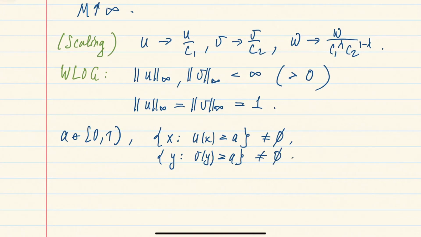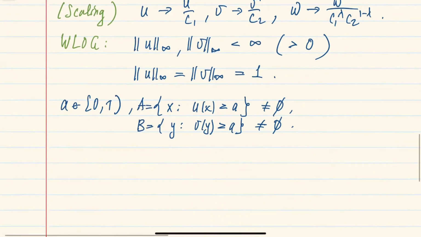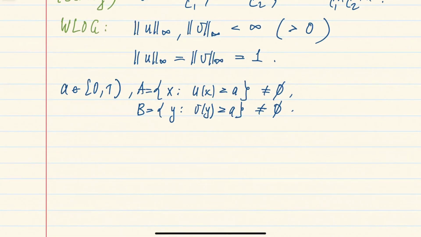If we denote these sets A and B, now we are going to apply the Brunn-Minkowski inequality on the real line to these sets.